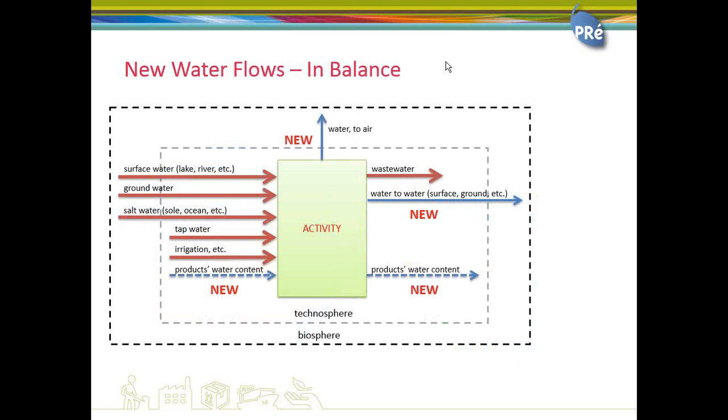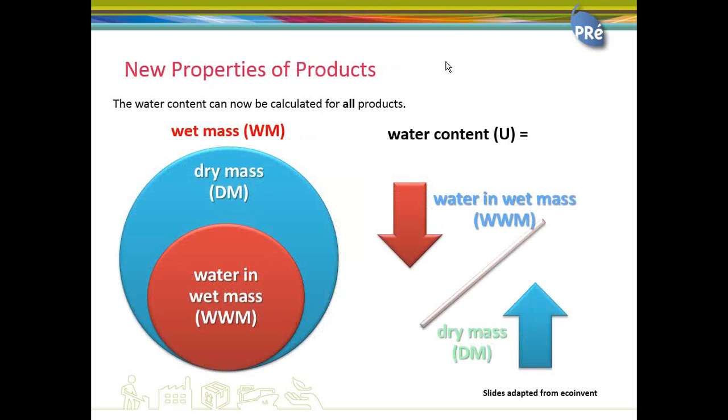You can see here that the addition of the product water content as well as water loss through evaporation and water loss to water allows you to calculate the water content for the actual product, and that's contained in the data, so you can get a full water balance. The dry mass and the wet mass of each unit process is now included in the ecoinvent data, and allows you to do the full water balance.